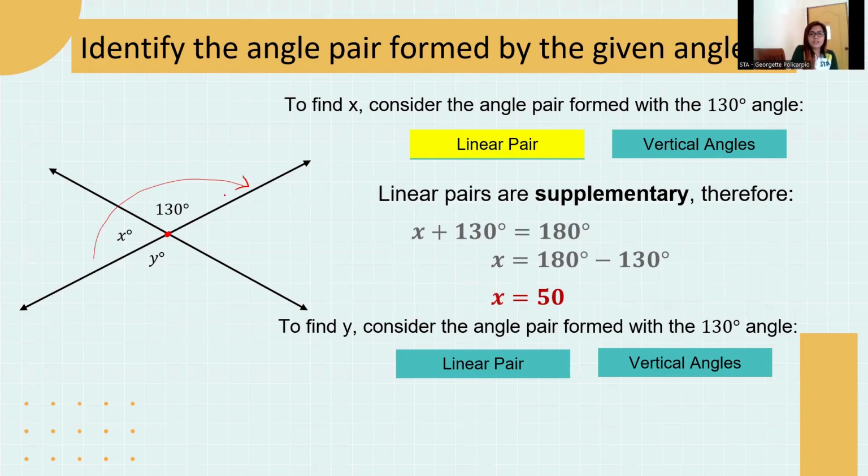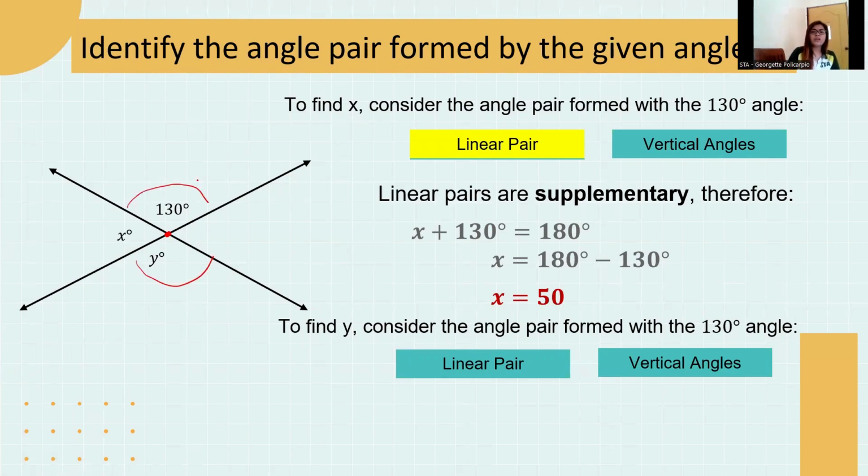Now, for y, consider the angle pair formed of y, kung i-compare mo yung y at saka yung 130 degrees. Ayan, so y at 130 degrees. Burahin ko yung ano ko ha. Dinrawing ko na line. So y, ito naman yung 130.